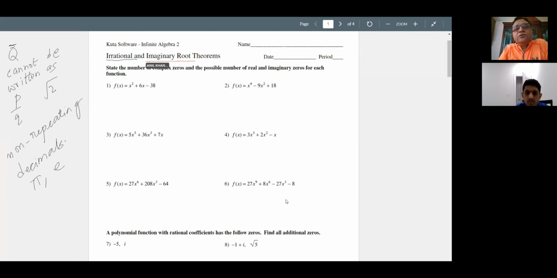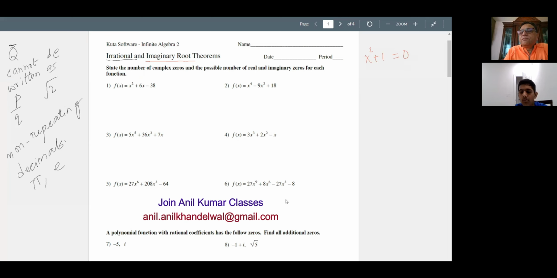Now, the second part is to figure out imaginary roots. Imaginary roots means, well, if I have x squared plus 1 equals 0, then what is the value of x for which this is equal to 0? You will say x squared equals minus 1, and then x is equal to plus minus square root of minus 1, correct? Yeah. However, square root of minus 1 is not real, right?